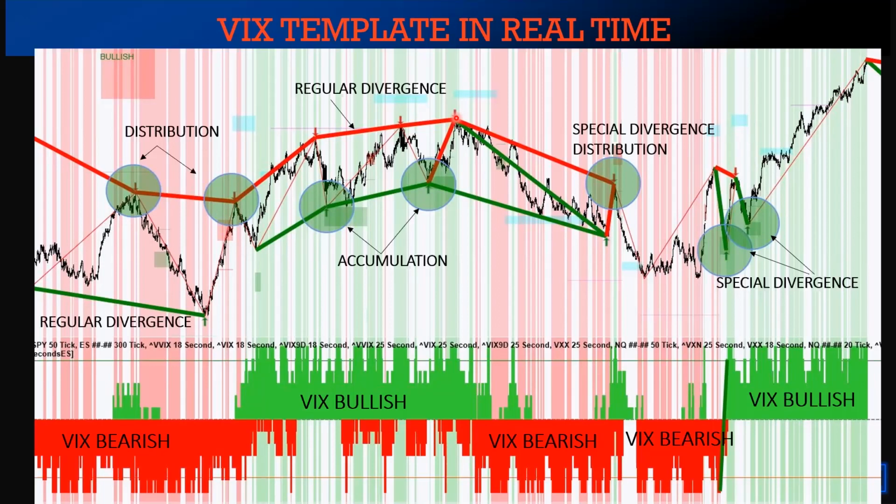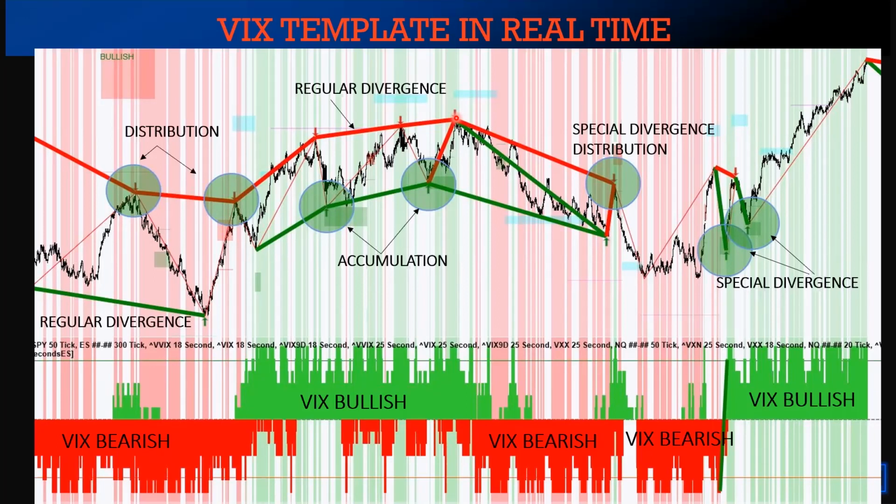The areas that I've circled on this chart is where we have divergence combined with a BloodHound trading signal telling us that the VIX is trading in that direction, in the direction of our trade. These are the trades that we want to focus on. We don't want to focus on just taking anything.